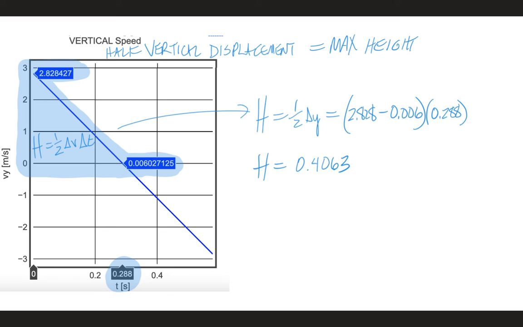But hopefully remember, we already found out the max height was more like 0.468, 467, somewhere in there. And why do I have a different answer here? Well, this particular way of getting the data forgot that it started at 0.06, and the reason it forgot is because it's not in this graph.